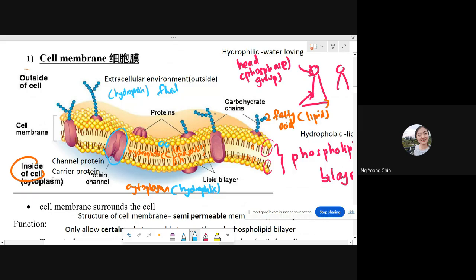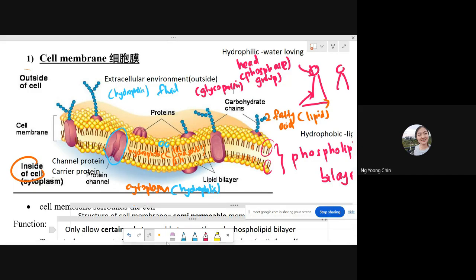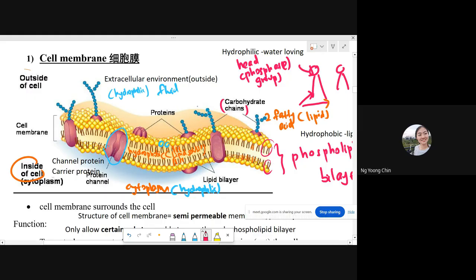Whenever the carbohydrate chains are located on top of a protein, they are known as glycoprotein. However, if the carbohydrate chains are lining on top of the lipid bilayer, like this, they are known as glycolipid.